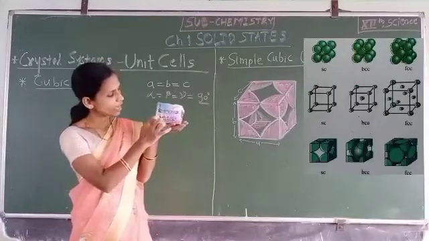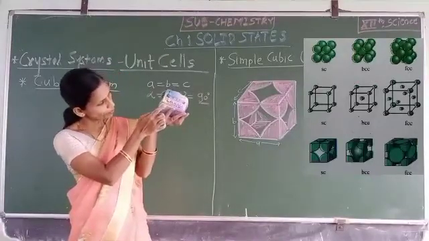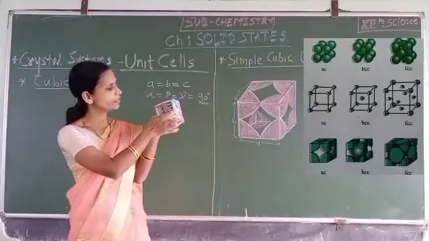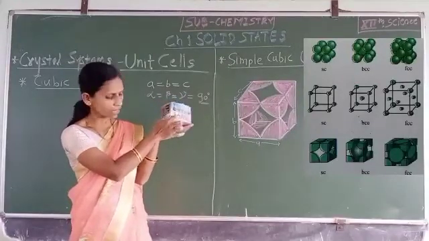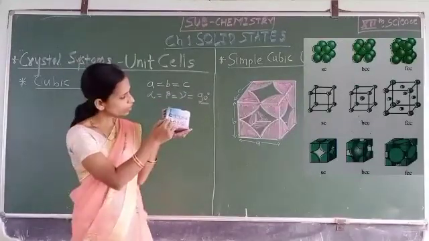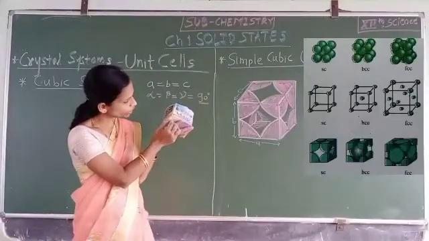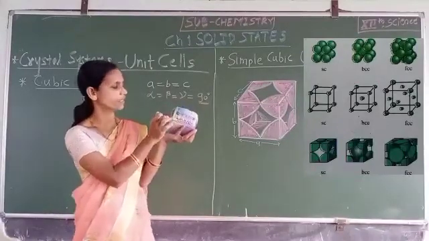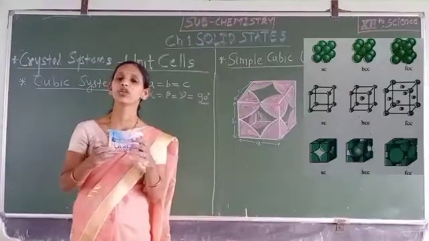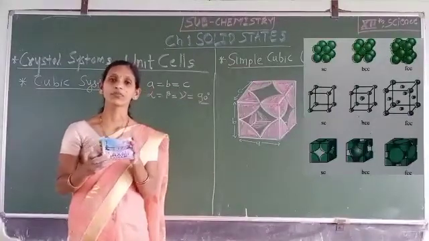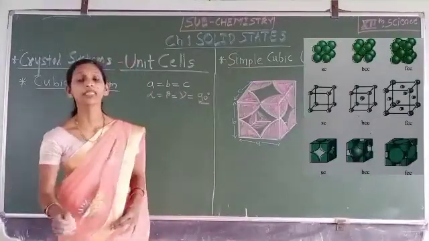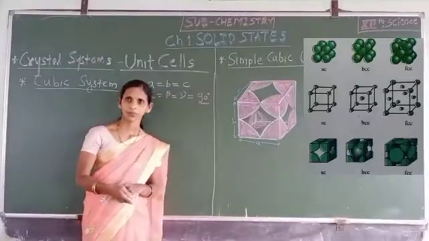And the alpha angle, beta angle and gamma angle, all three angles are 90 degrees. That is one type of unit cell, the cubic unit cell.